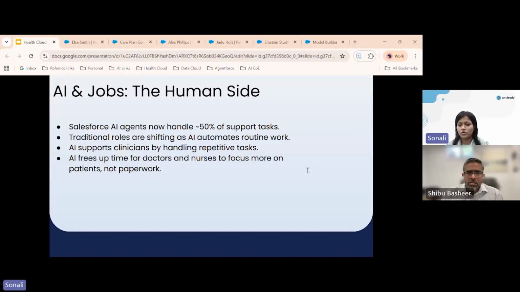The future of healthcare jobs is not AI versus human. It's AI with humans, where automation can handle the routine, and people can handle the human side of care. That's the benefit if we go with AI in our healthcare industry.